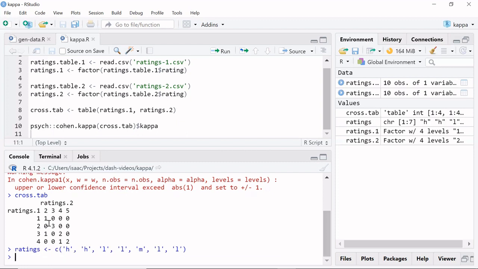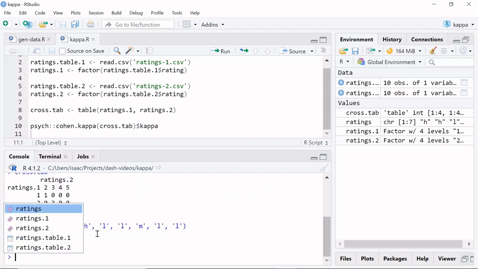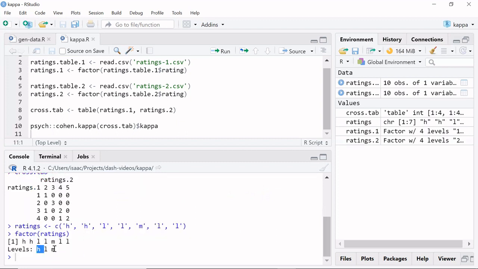And then let's convert these to a factor. So there are 3 levels: high, low, and medium. And each of these levels gets associated in R's memory with a different integer value. And to see these integer values, we can use the as.numeric function.